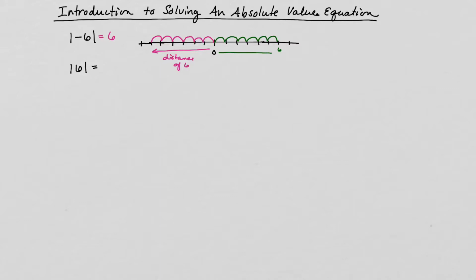Then this is also a distance of 6. So the absolute value of +6 is also 6. So you'll notice that there are two different numbers whose absolute value equals 6.